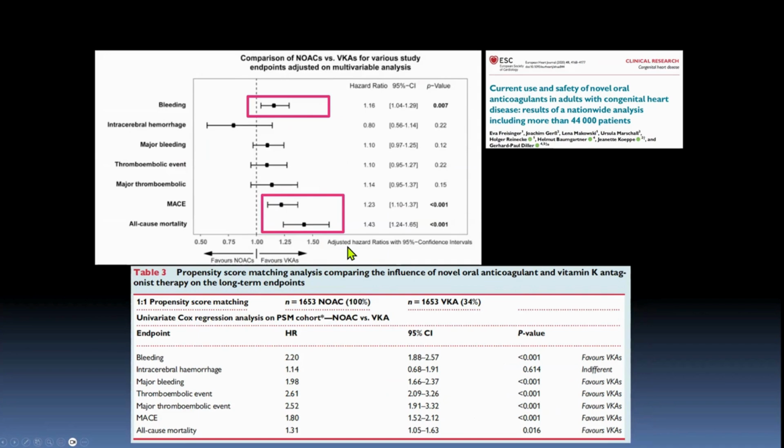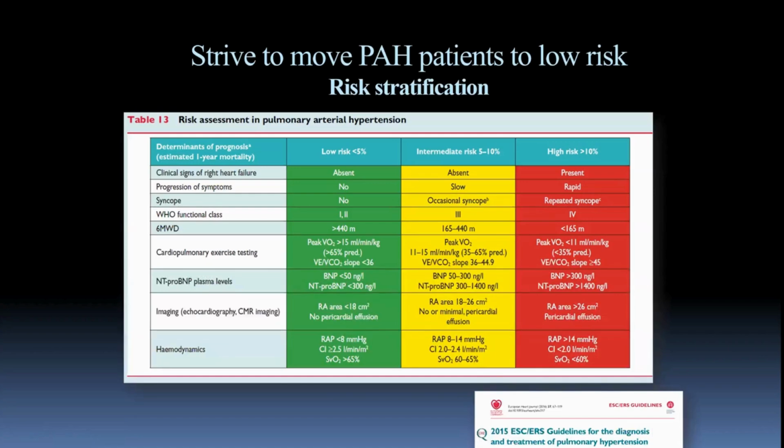This is not our experience, and I'm waiting for other data to support or refute this, because we are using NOACs increasingly, and other studies have not shown this adverse effect of NOACs in congenital heart disease, especially in the cyanotic patients. I understand with Fontan patients or other populations that are at increased risk of thrombosis, maybe NOACs are not sufficient, but not for Eisenmenger patients, in my opinion, but that's my opinion.